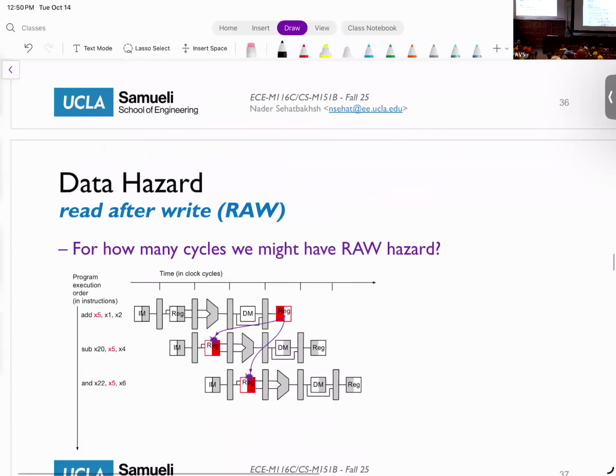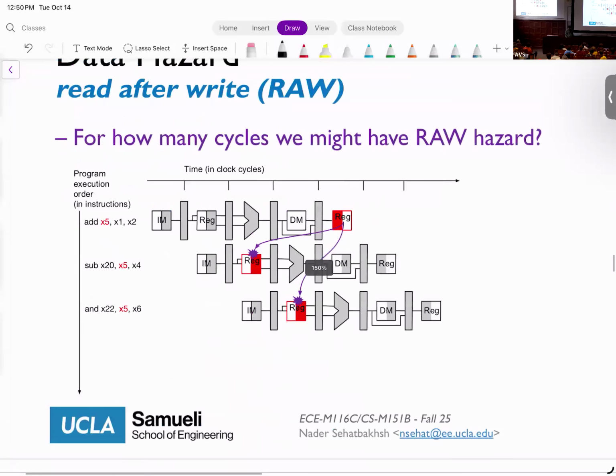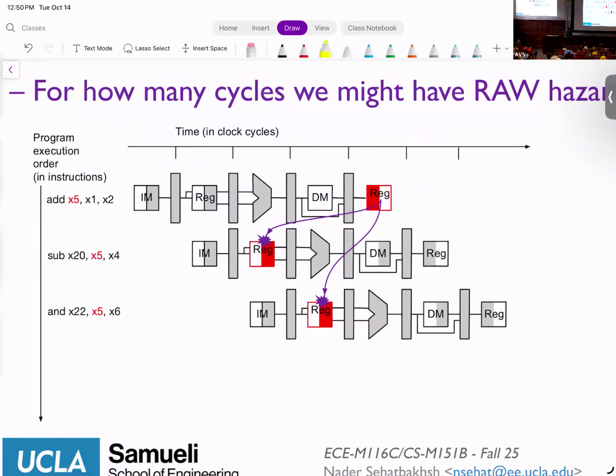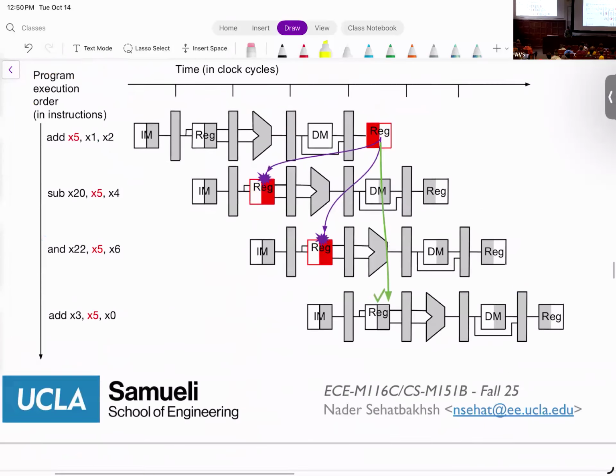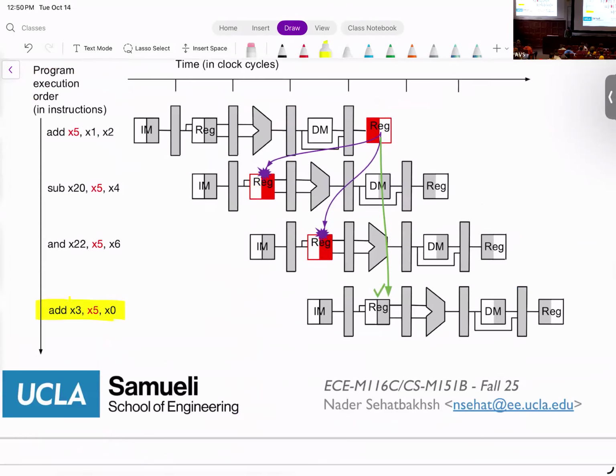Why 2? The add result is generated here. So if I do sub right after it, it cannot work. If I wait another cycle and do another instruction, like and or whatever, it's still not going to work. But after the 3rd cycle, it can work.